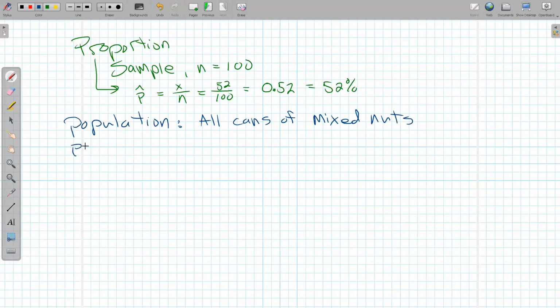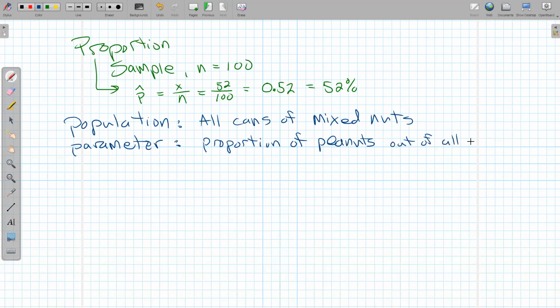And the parameter would be the proportion of peanuts in a can of mixed nuts, or proportion of peanuts out of all mixed nuts, I guess.